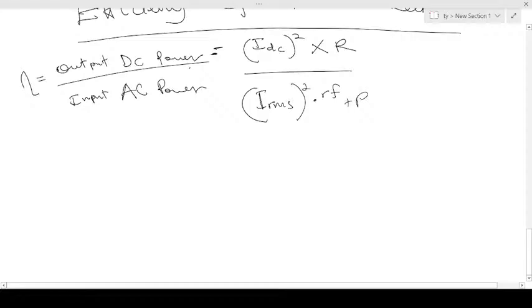RF is the forward resistance of the diode, and R is the load resistance, or the resistance of the load.